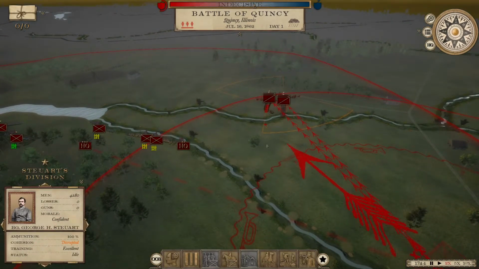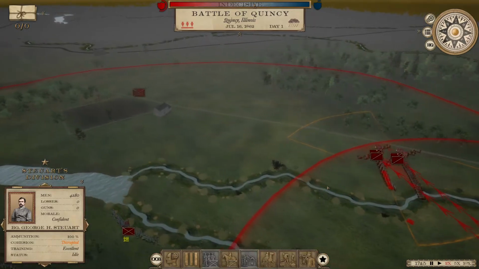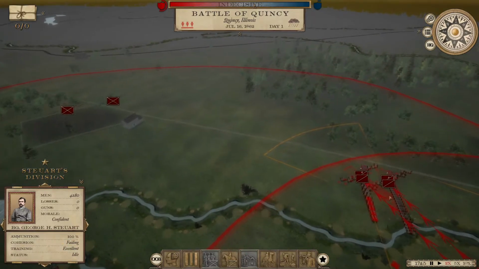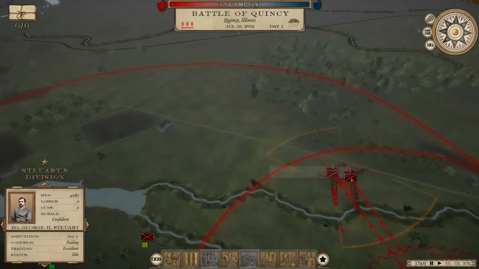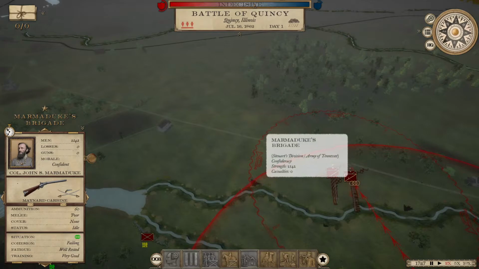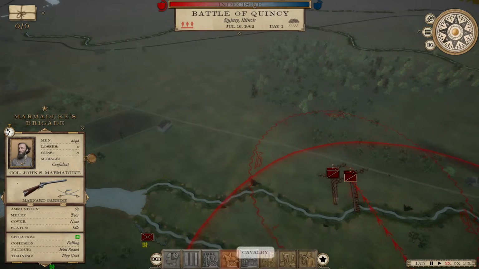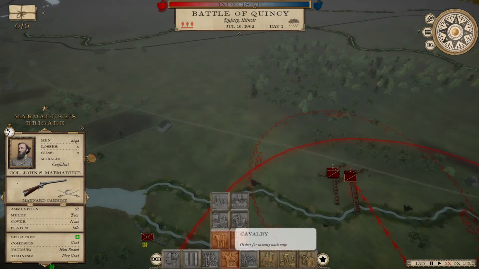I try not to get into any sort of combat, melee or range, with cavalry when they're mounted. I try to dismount them. And I'll show you why in just a moment. Cavalry are very good in combat, but for me, they got to be dismounted.